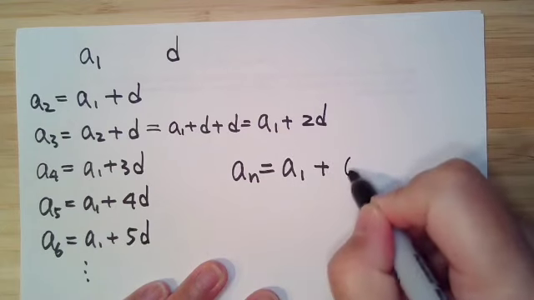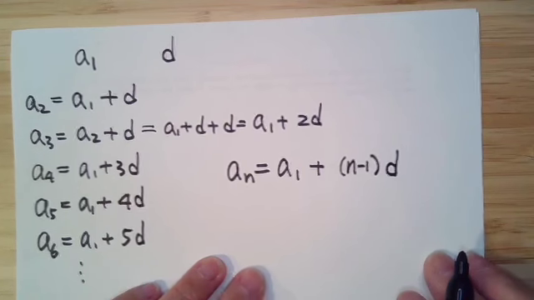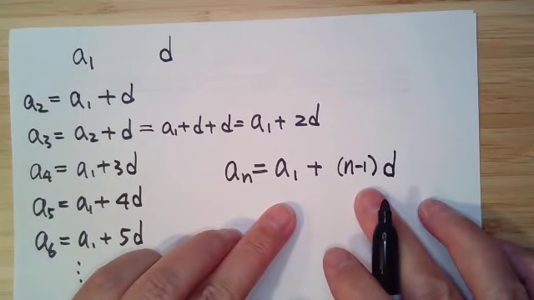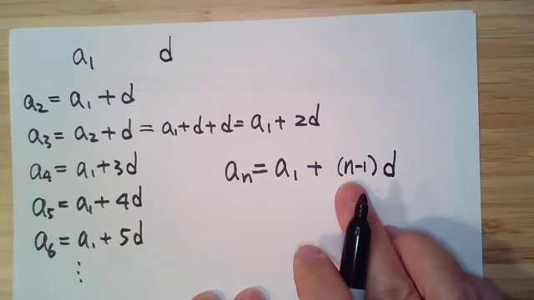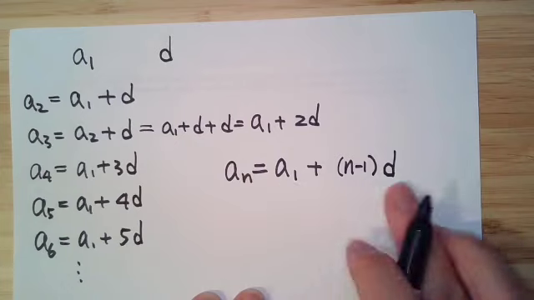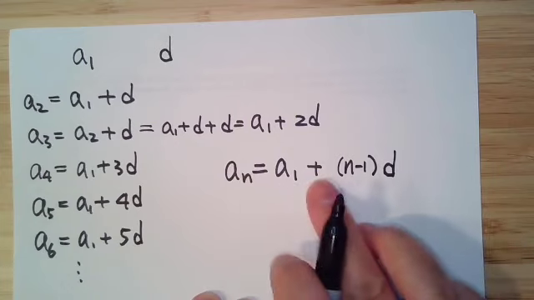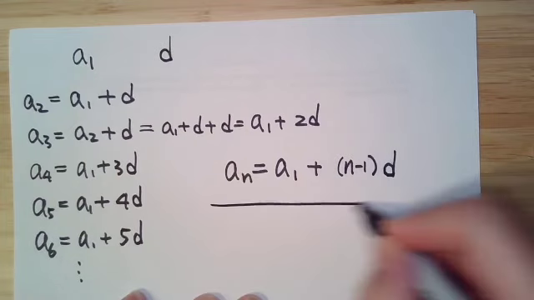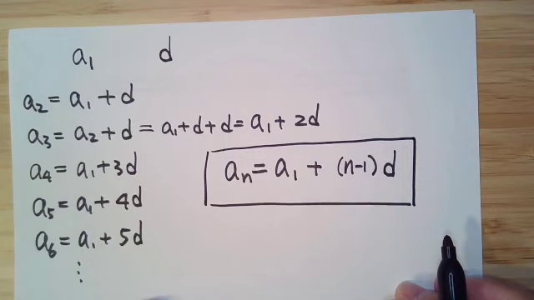And that would be N minus 1, this many D. AN is A1 plus N minus 1 times D. If you take N equals 2, that will be A2 is A1 plus D. If you take N equals 3, A3 will be A1 plus 2D. So every time from A1, you add a D, add a D, add a D. So this is the most important formula for arithmetic sequence.